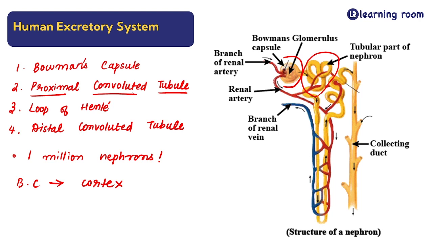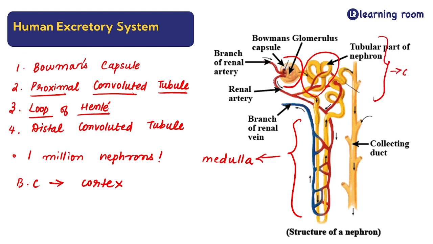This loop that is formed is called as the loop of Henle. So, this whole region is present in the medulla of the kidney, whereas this region is present in the cortex.